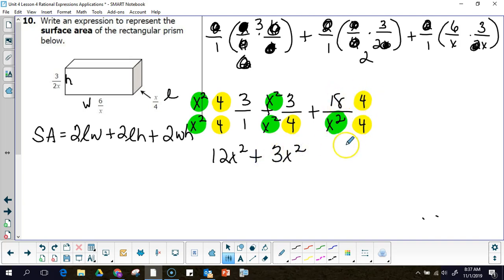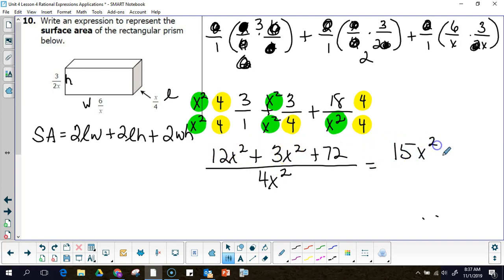And 18 times 4 is 72. And all of that is over 4x squared. All right. Let's combine like terms here. This is 15x squared plus 72.